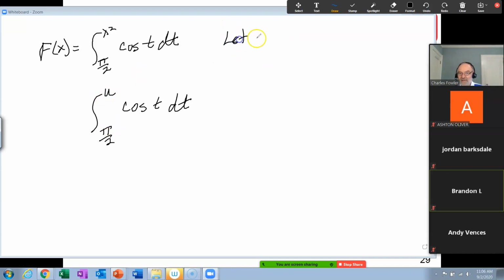Let u equal x squared. Okay, well, if we do that, du would have to be 2x dx, right? In other words, du dx is equal to 2x. That's probably the better way to phrase it in this case.